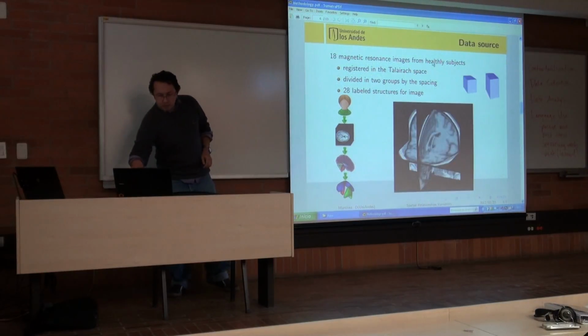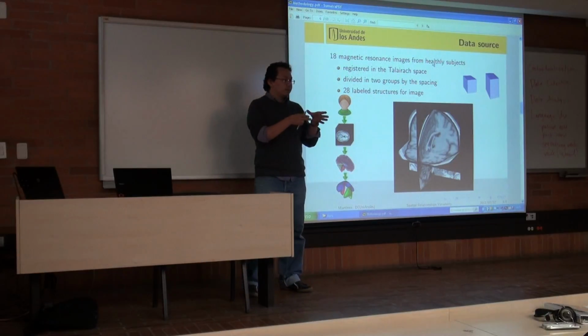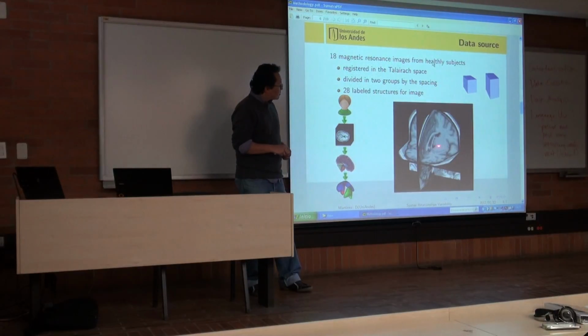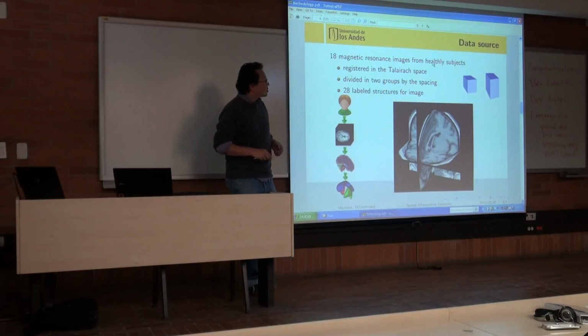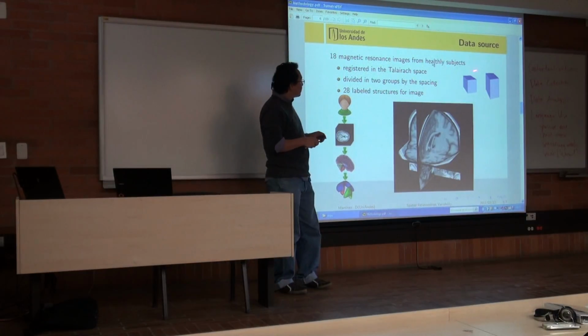After that, the images can be divided into two groups based on the spacing. The spacing is like these little cubes: what amount of material is captured by each one of the small cubes in this image. There are two kinds of spacing here.